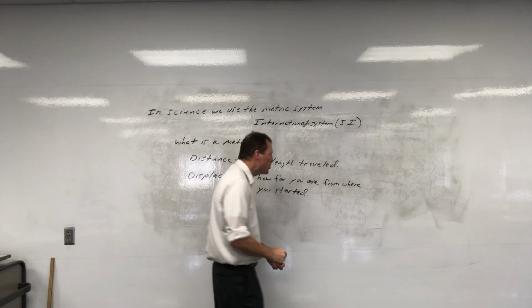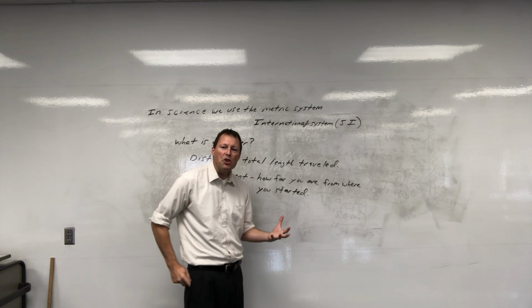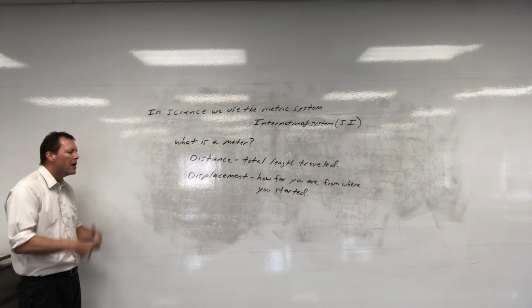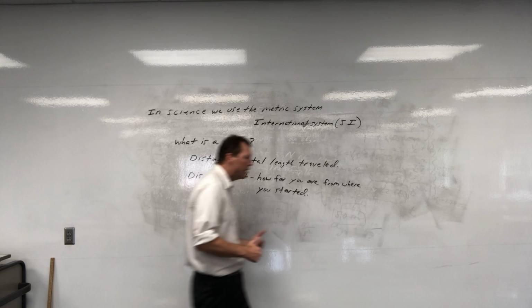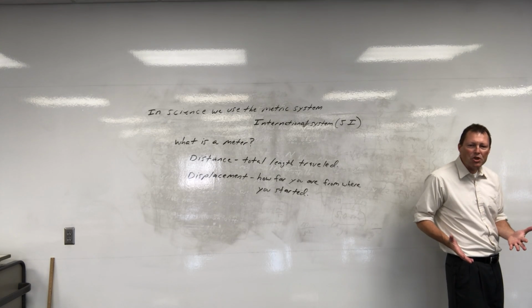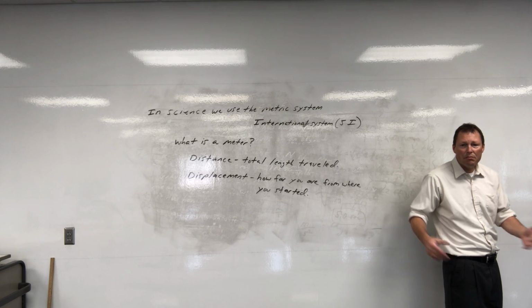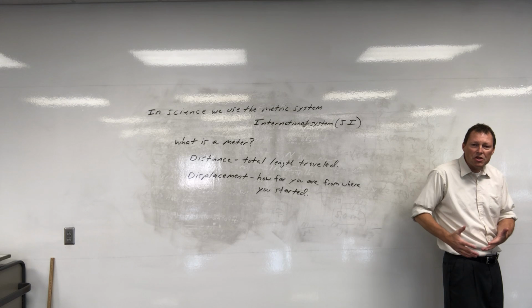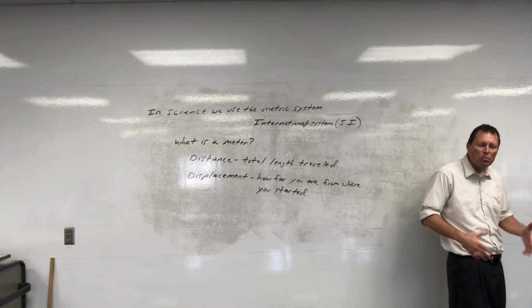How far are you from where you started? That's displacement. So let's do our little demonstration again. I'm going to stand over here, and I'm going to walk 3 meters in this direction and stop. So what's my displacement? 3 meters. Same as when I walked for the distance. So in this case, distance and displacement are the same.